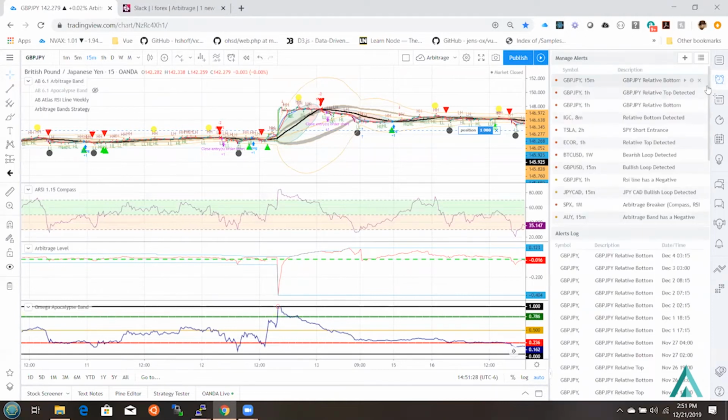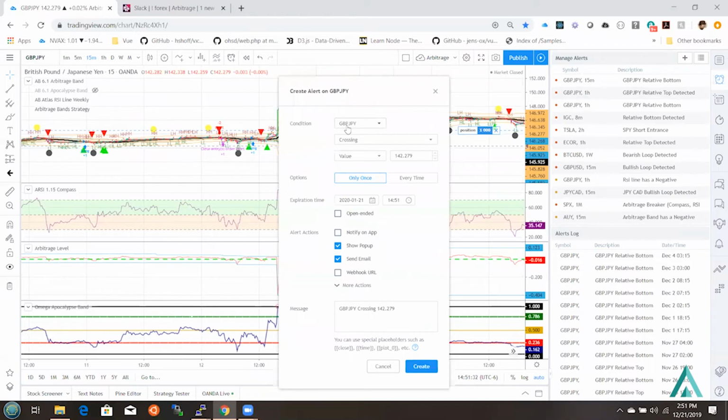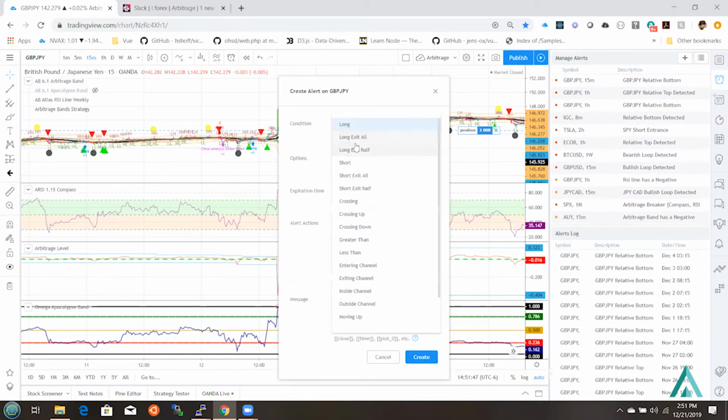Alerts. Inside of all of this, inside of TradingView, no less, if you click on to create a new alert, if you click on the right side, you have conditions. For every single one of the indicators that's on your screen, there are alerts associated. So if you're using the arbitrage band, you can actually say long or long exit all, long exit half.